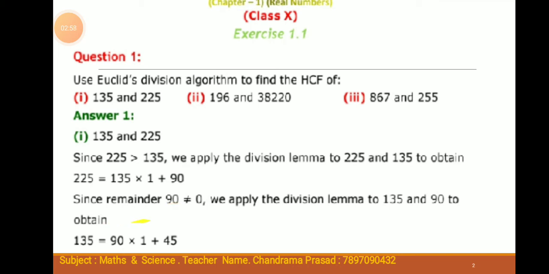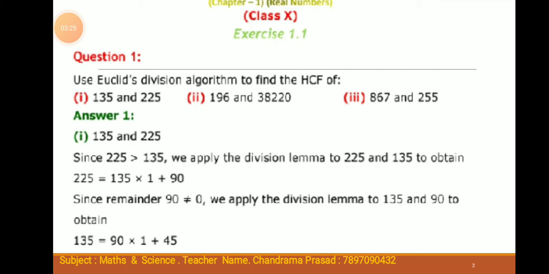Since the remainder 90 is not equal to 0, therefore apply the division lemma to 135 and 90. Therefore, this can be written 135 = 90 × 1 + 45.